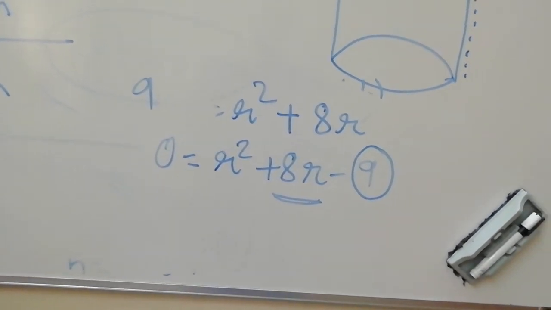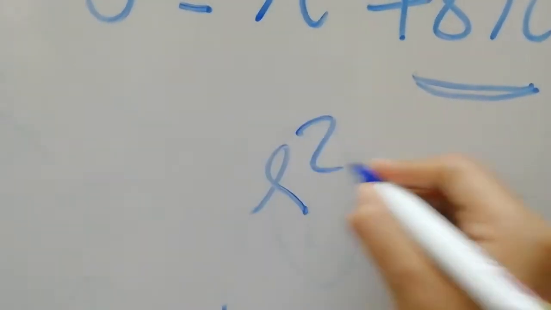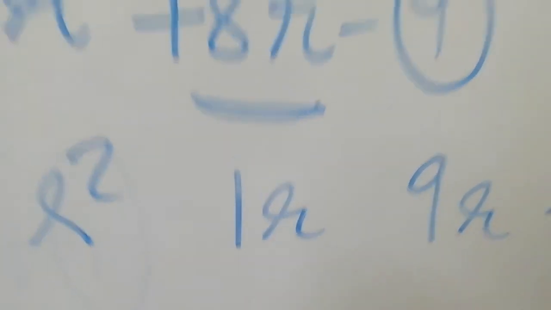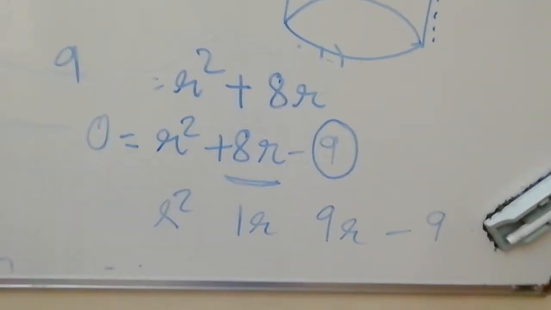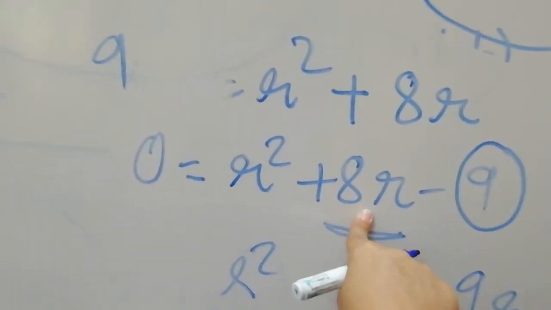The factors of 9 are 1 and 9. So I will write here r square, without any signs right now, 1r, 9r, and minus 9, because the factors of 9 are 1 and 9. I have put those factors. Now in my next step I will put the signs, because I want plus 8r.